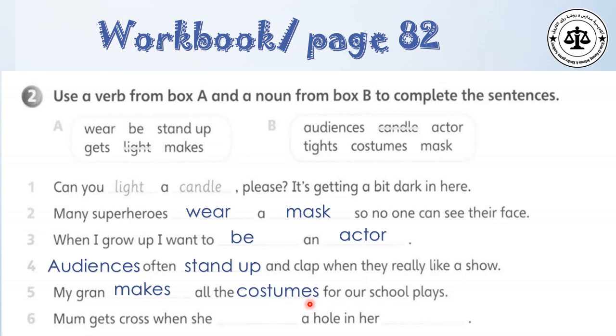Costumes mean الزي for our school plays. Number 6, Mom gets cross when she gets a hole in her tights. Hole means ثقب. Okay, let's move on.